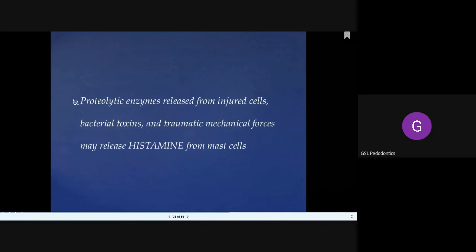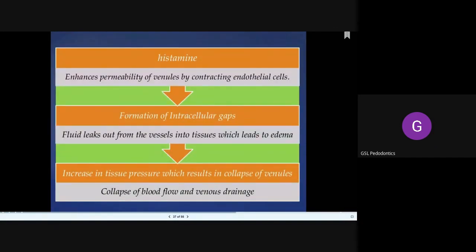The proteolytic enzymes released from the injured cells, bacterial toxins, and traumatic mechanical forces may release histamine from the mast cells. The histamine released will increase the permeability of the venules by contracting the endothelial cells lining the blood vessels, which will form gaps. Through these gaps, fluid will leak out from the vessels into the tissues. The tissues will accumulate fluid, which leads to edema.